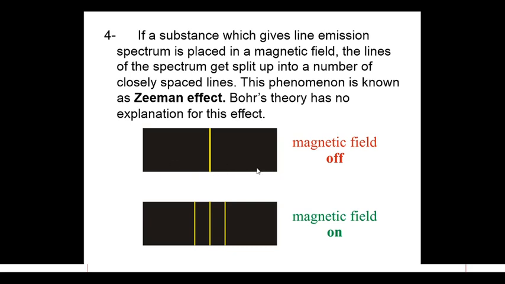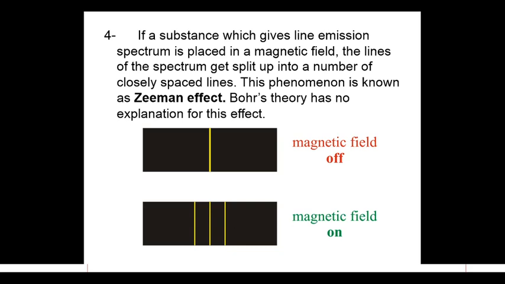When this spectrum is taken with no magnetic field, there is only one spectral line. But whenever this spectrum is taken again with the magnetic field, the spectral line splits into 2 or 3. And this phenomenon of splitting of spectral lines in the presence of a magnetic field is called the Zeeman effect.